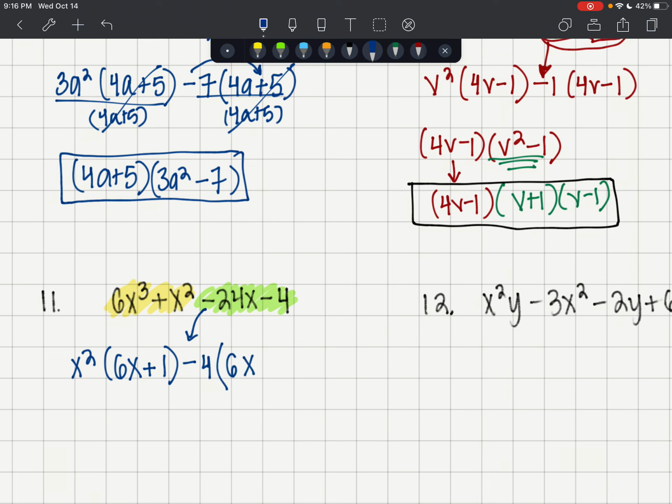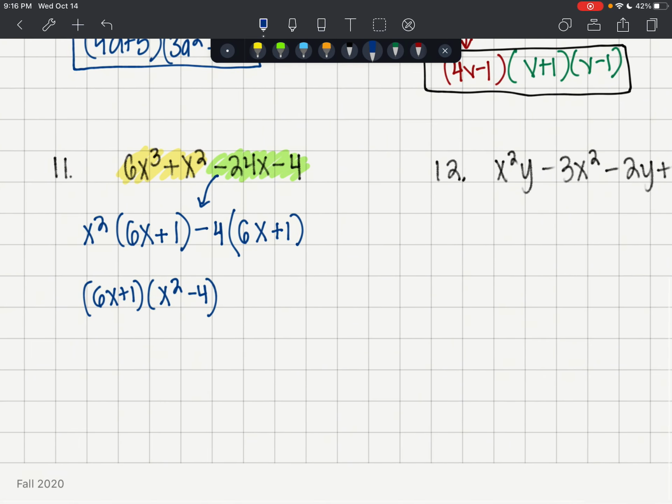So it's going to leave us 6x plus 1. So we've got 6x plus 1 times the quantity x squared minus 4. But when you know your exponents and you know those squares, you know that 6x plus 1 is good, but it's x squared minus 4 that becomes x plus 2, x minus 2.